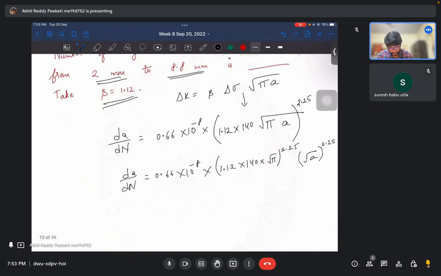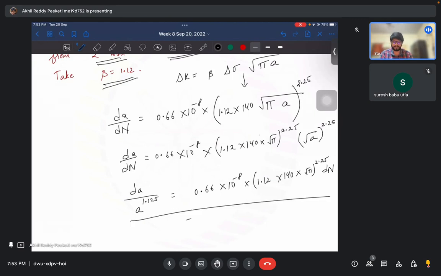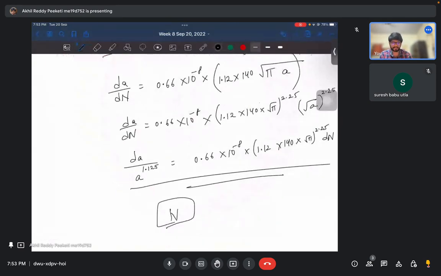And again we bring the a towards this side, so a power 1.125 is equal to dN. Now if you do the same process which we did earlier, you will get the n number of cycles you need. Is that okay, Suresh?